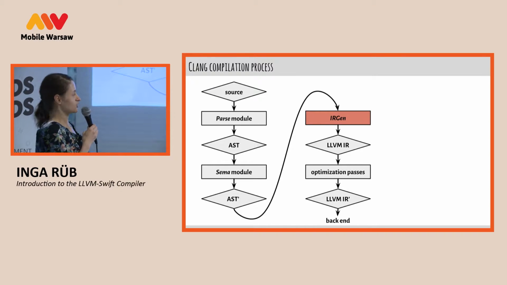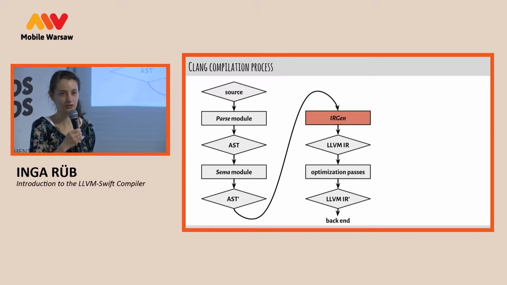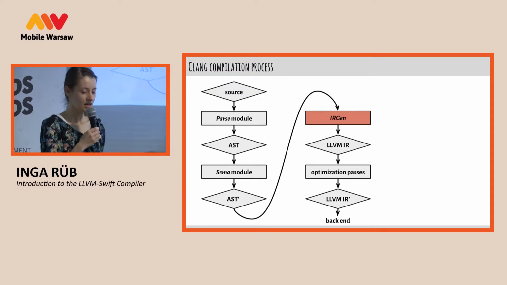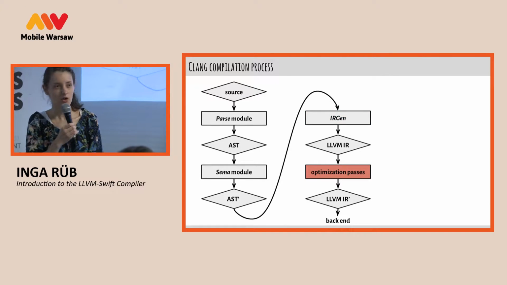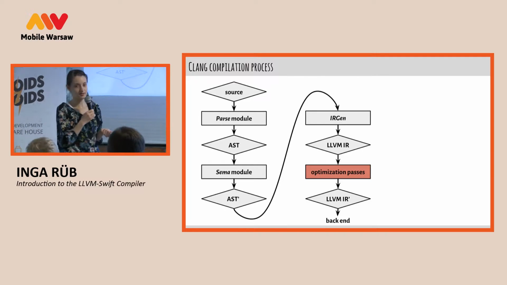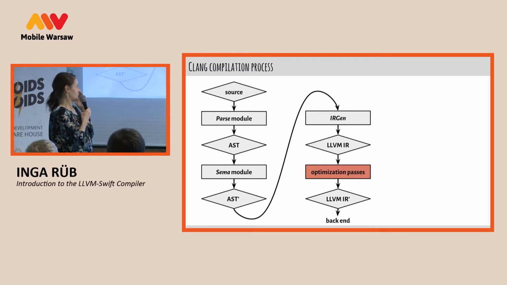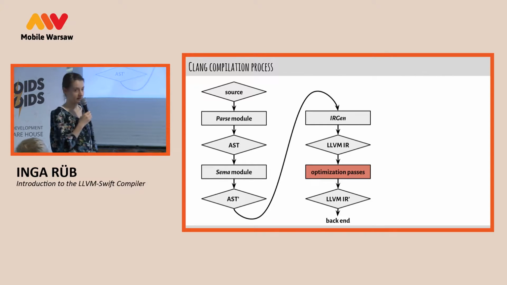This module is responsible for turning our source code into an intermediary representation, into IR. As soon as we have this representation, we can ask the compiler to optimize our code, and then we get our optimized IR that we can pass to the backend.